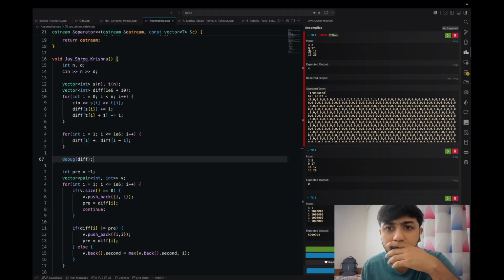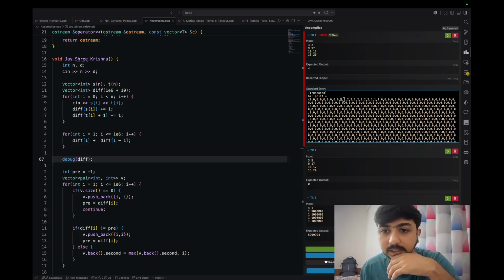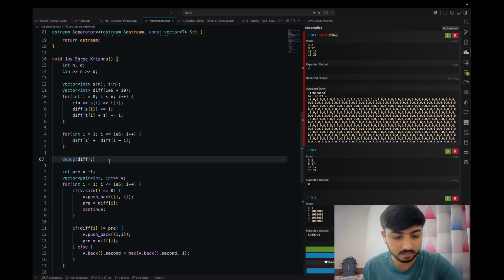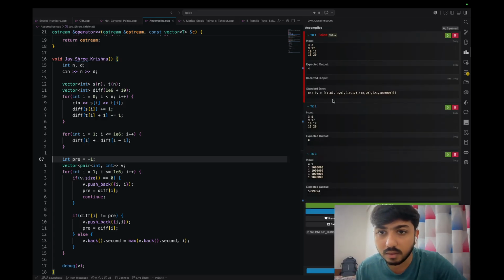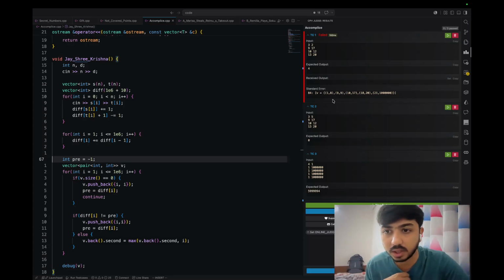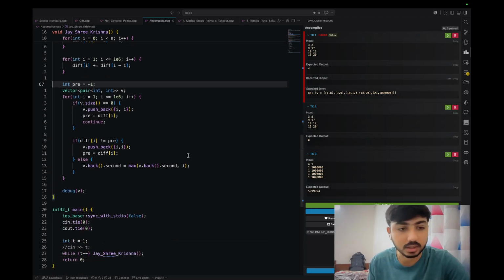Okay. 9 to 17. Ah, I see, I see. And 9 to 9, then this, and then everything. Yeah, this is fine. So we have calculated correctly. 1 to 8, 9 to 9, 10 to 17, 18 to 20, and 21 to 10 to the power 6. Yeah, this is good.